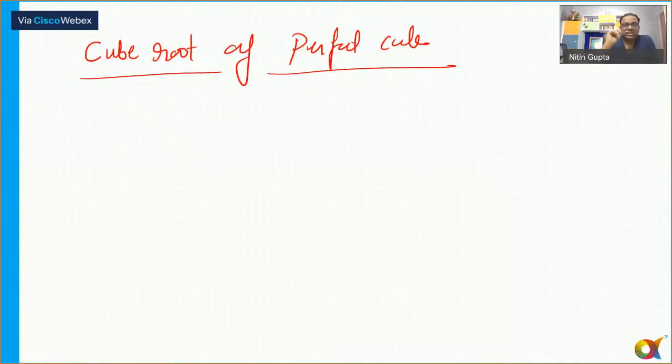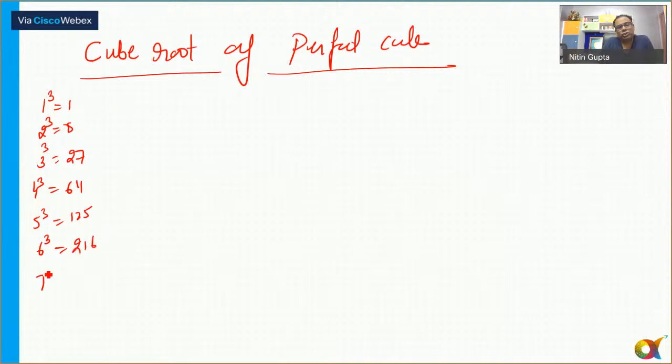Okay. Let's see how. So what is the cube of the first 10 natural numbers? 1 cube is equal to 1. 2 cube is equal to 8. 3 cube is 27. 4 cube is 64. 5 cube is equal to 125. 6 cube is equal to 216. 7 cube is equal to 343. 8 cube is equal to 512. 9 cube is 729.